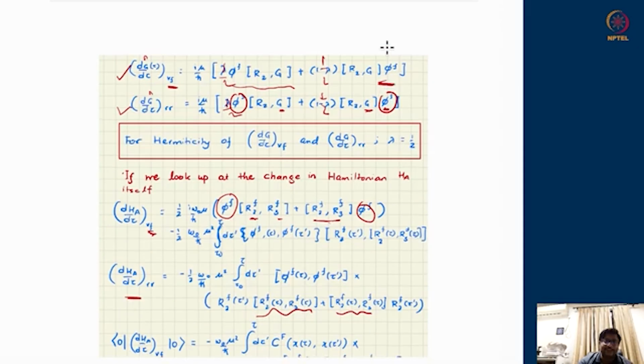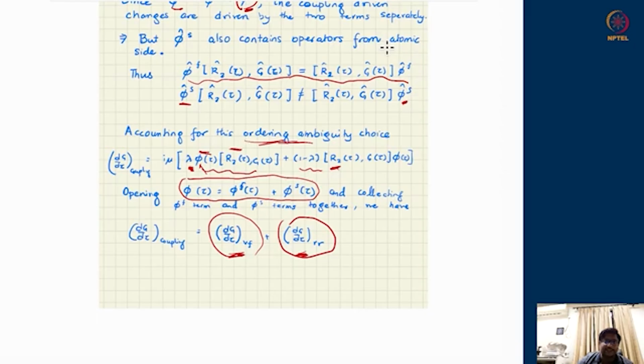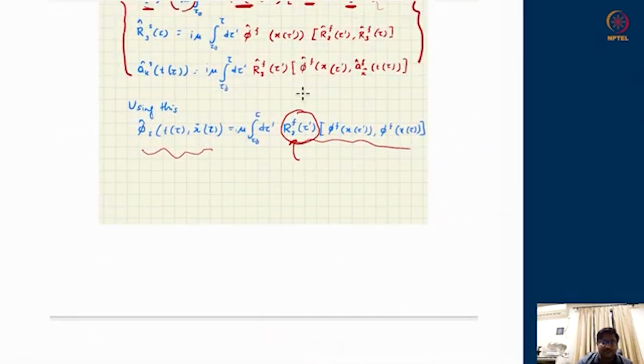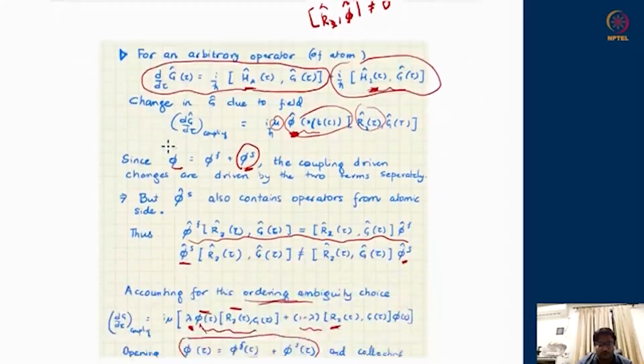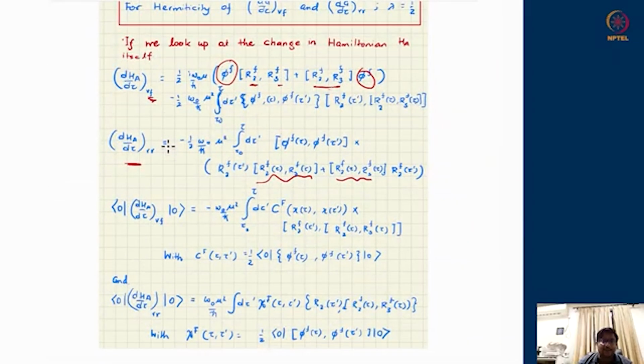And recall phi s itself was obtainable from the commutator between phi f at two different locations multiplying the R. So you have to put this expression of phi s back into the total change in the Hamiltonian.